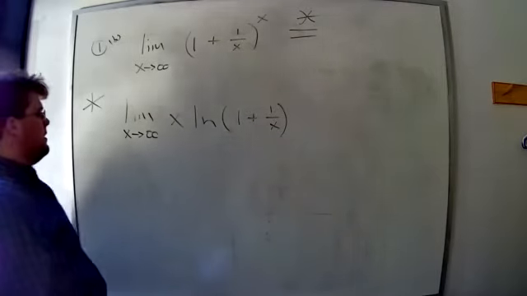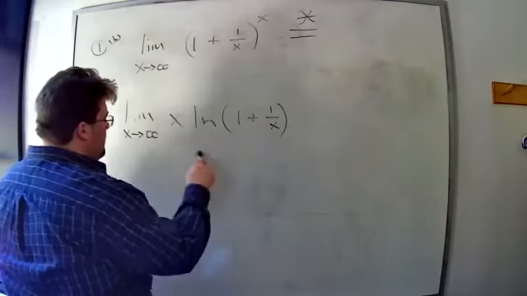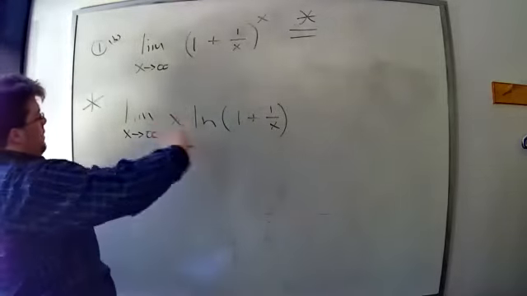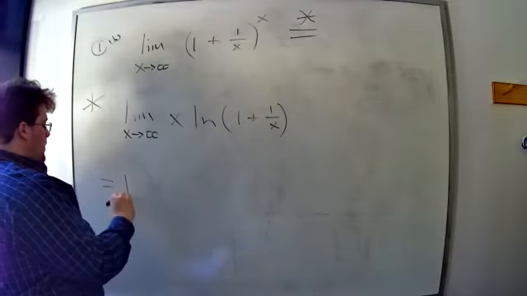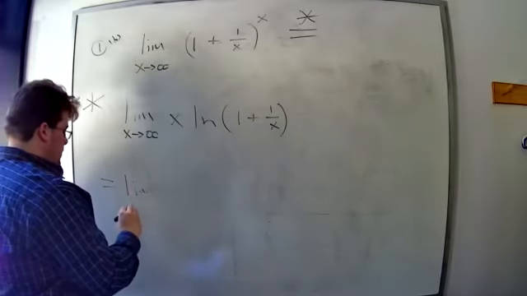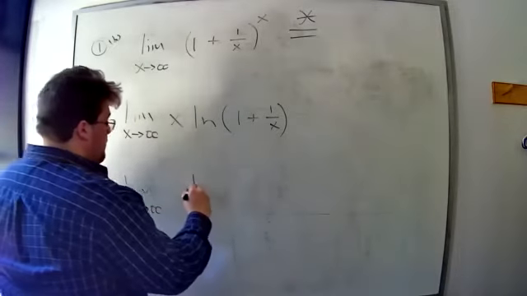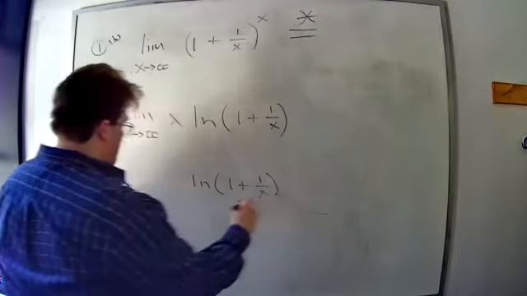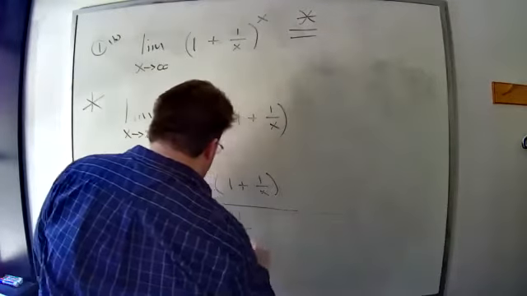How do we compute this? Well, upon a substitution, you'll get an infinity times a 0. So what we would have to do with that is put one of them in the denominator. I'm going to put this x in the denominator. How do we put the x in the denominator?